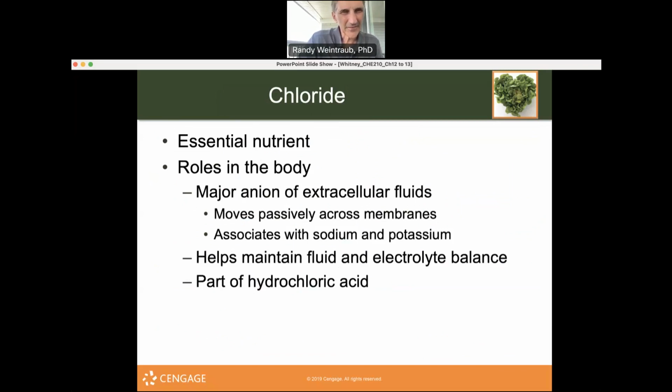The other part of table salt, the chloride, is also an essential nutrient. It plays a role as the major anion, or negative ion, in extracellular fluid, maintaining charge balance. It passes easily across membranes, associated with sodium and potassium, maintaining balance.